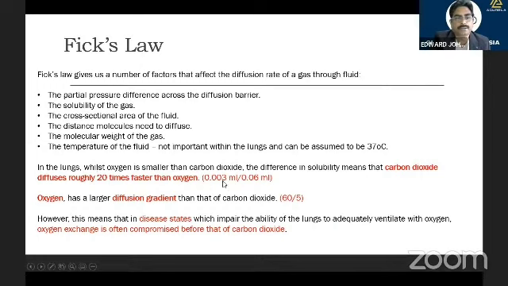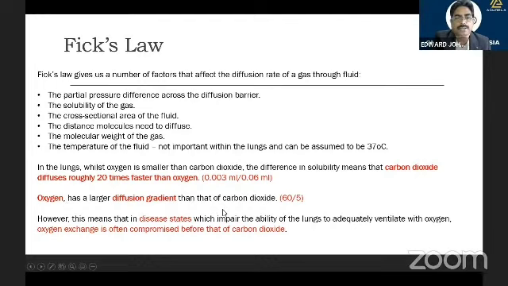Then in the lung, carbon dioxide has a high diffusion solubility, that is 20 times faster than the oxygen. So the solubility coefficient of oxygen is 0.003 ml and the solubility coefficient of carbon dioxide is 0.06 ml. Even though oxygen is a smaller molecule, carbon dioxide moves faster. The solubility of carbon dioxide is higher than that of oxygen.